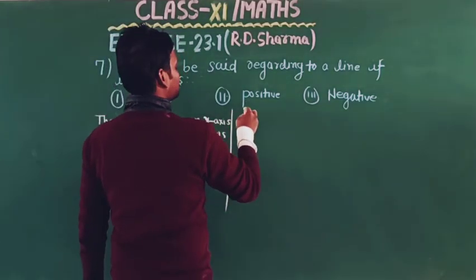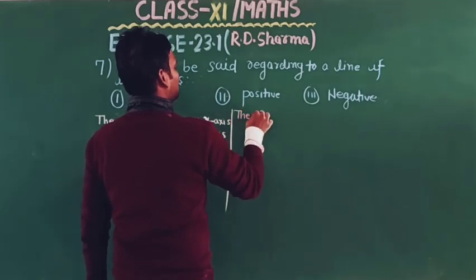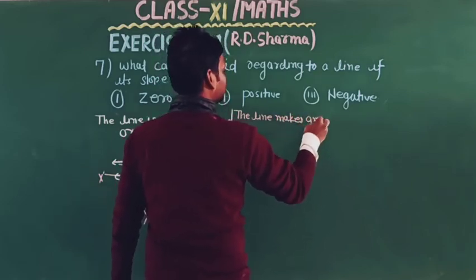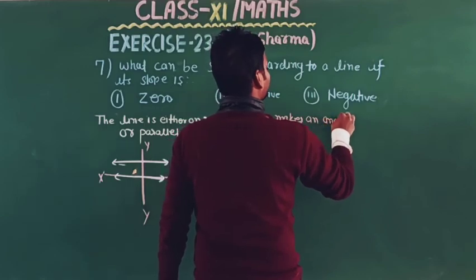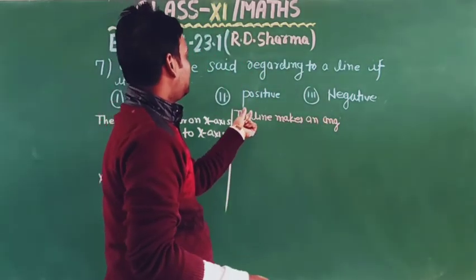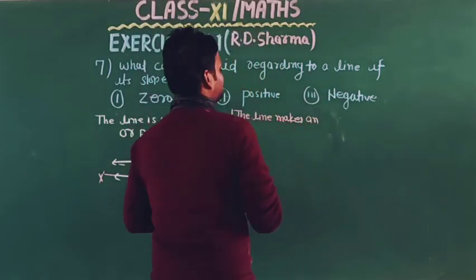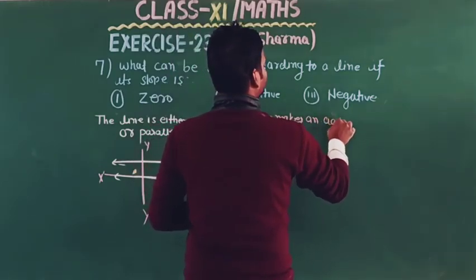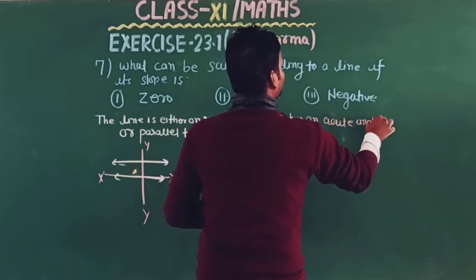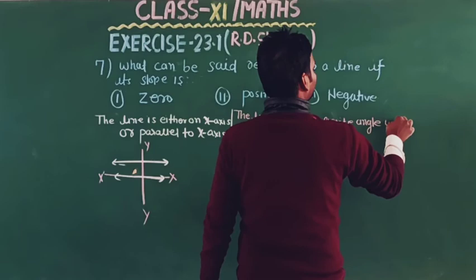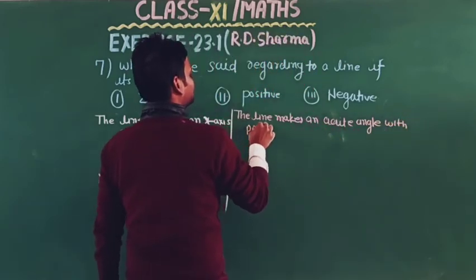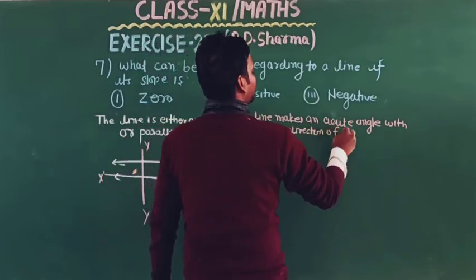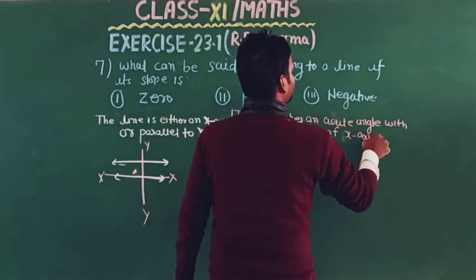So in this case, we can say the line makes an acute angle with the positive direction of the x-axis.